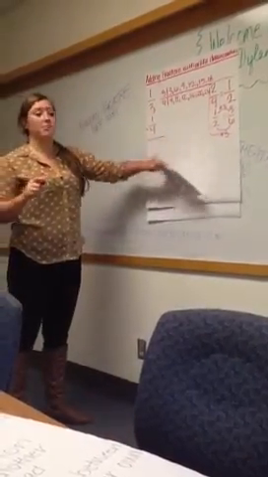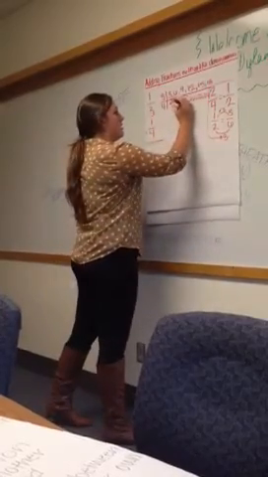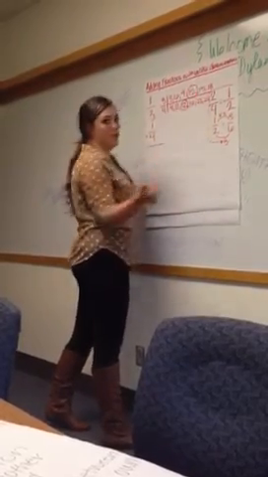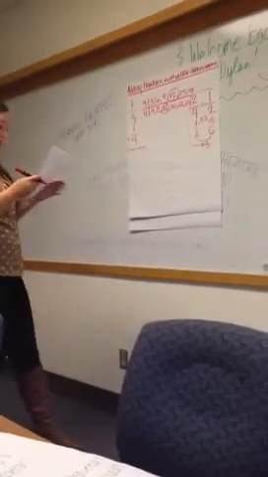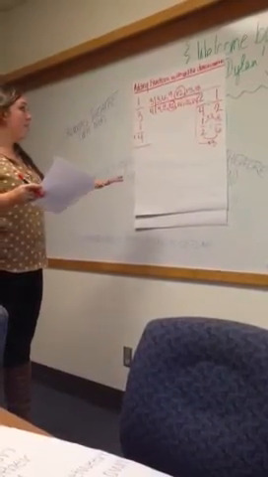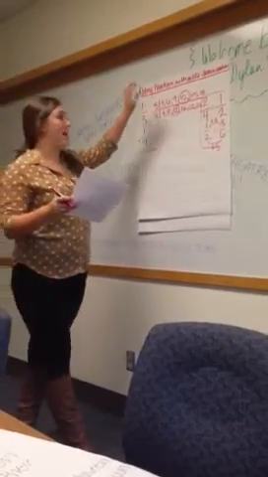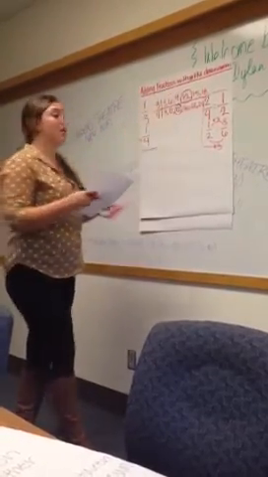So, the least common multiple of these would be 12. Does that make sense? Mm-hmm. Alright. After we found that, we have to change these fractions to have 12 as the new denominator.